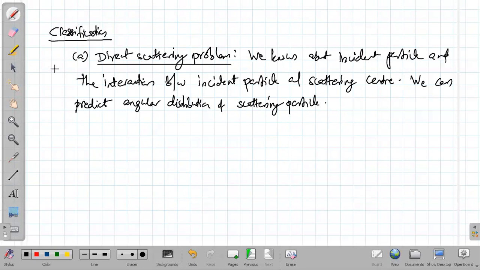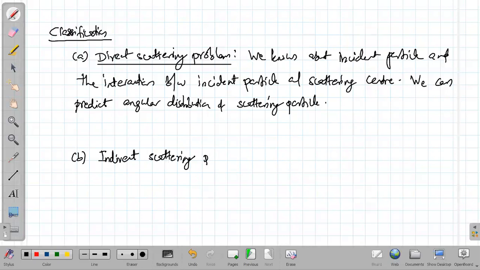We have another category, which is a very common type of scattering problem in physics, called the indirect scattering problem. Most of our applications of scattering come under this category.